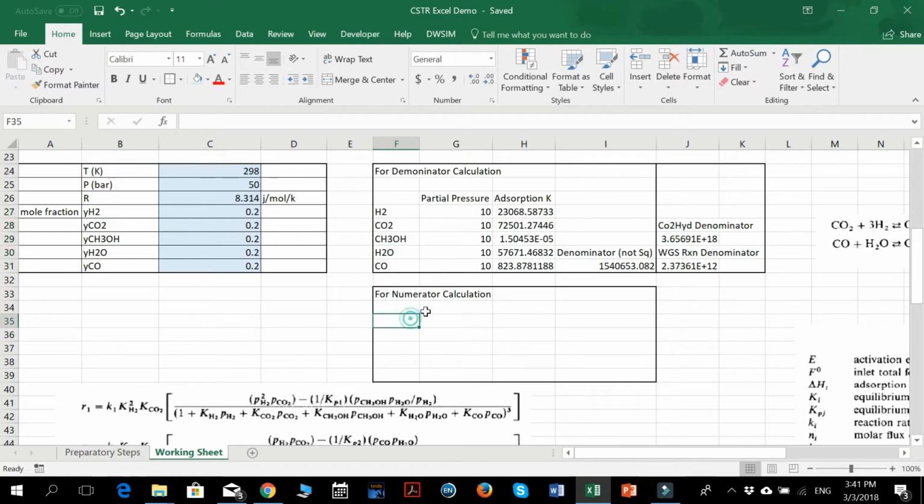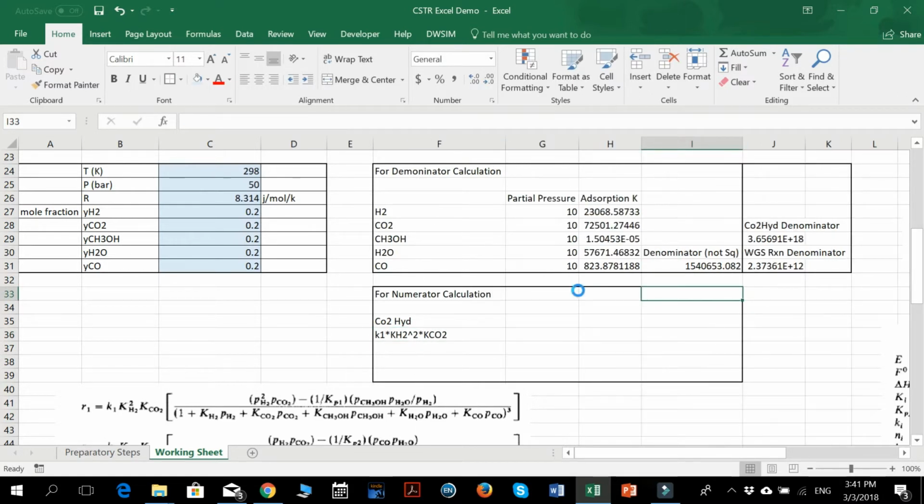Do I need to do that? No, I don't need to do that. So okay, we're going to have this term, this term, this term, and this term. So let's put CO2 hydrogenation. I need the small K1 times KH2 squared times KCO2.